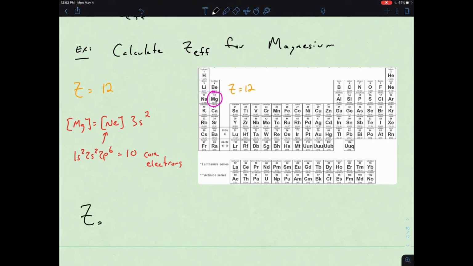So now, plugging it into our equation, we have an atomic number of 12 minus 10 core electrons, and we have a Z effective of plus 2.